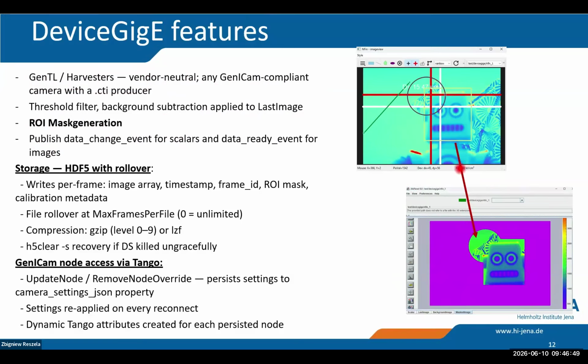So we have storage in HDF5 files with frames, compression, and also information about the ROI and calibration. And we have access to the settings via GenICam.